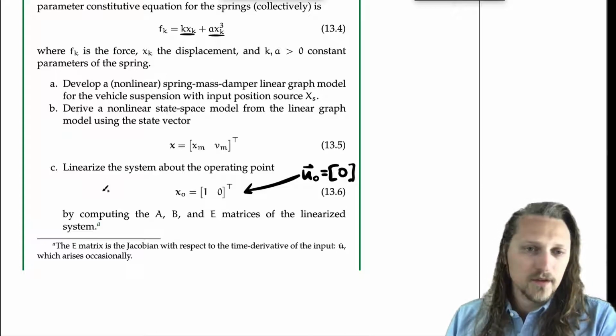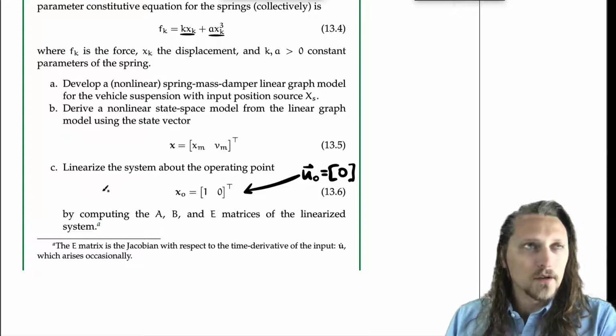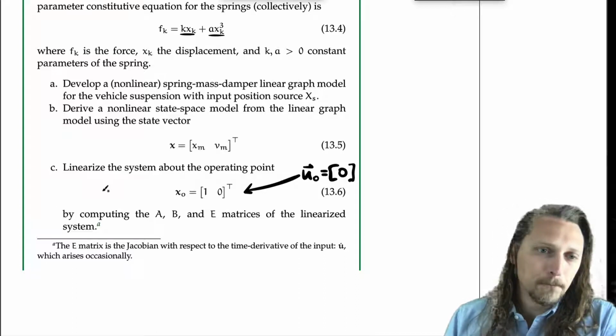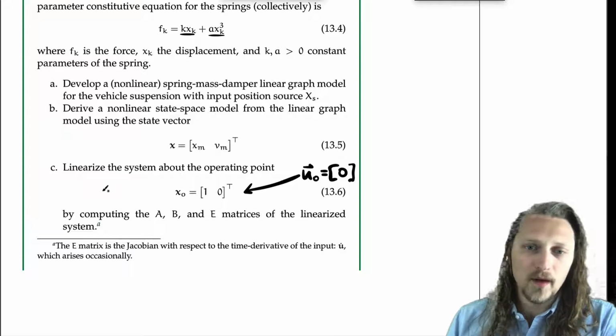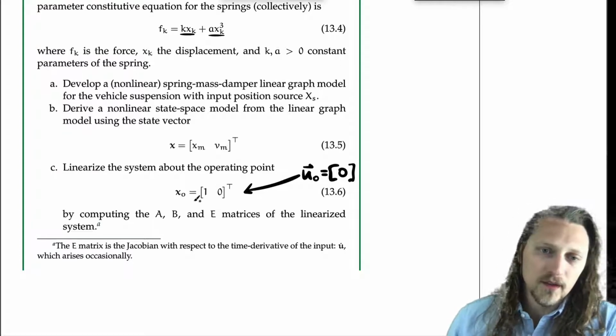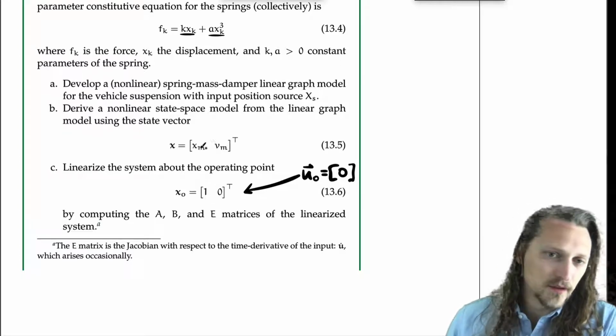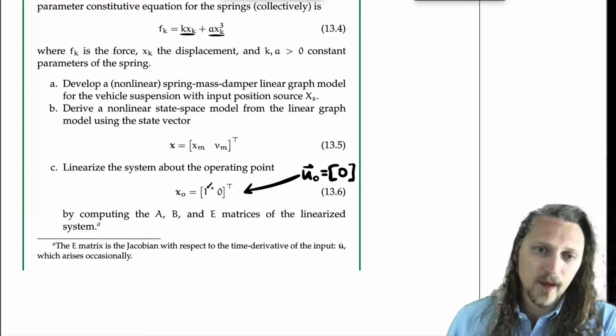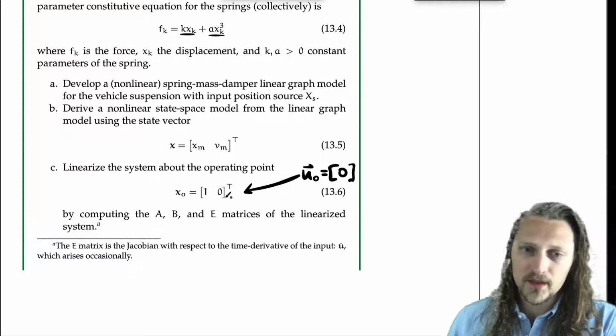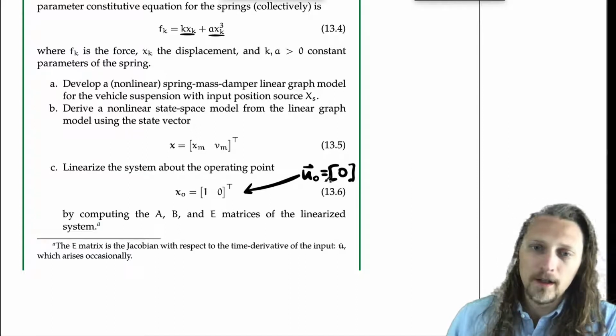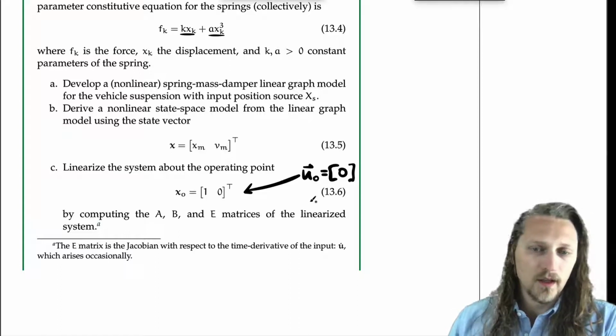And finally, part C, we're going to use the lecture that we just did, 13.2, which is to linearize the system about an operating point. We'll say that the operating point is that the position of the mass is 1 and the velocity of the mass is 0. And we also need an operating point for our input, which we'll say is 0.